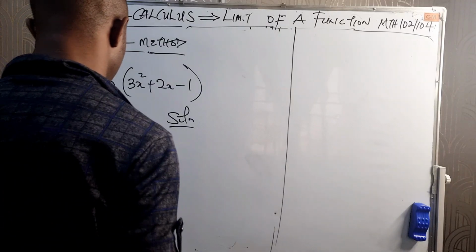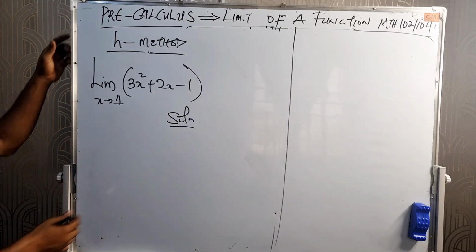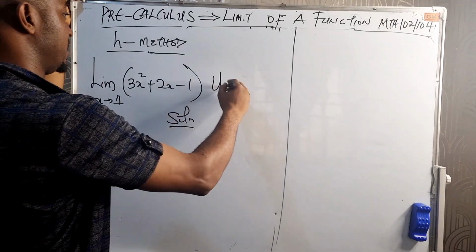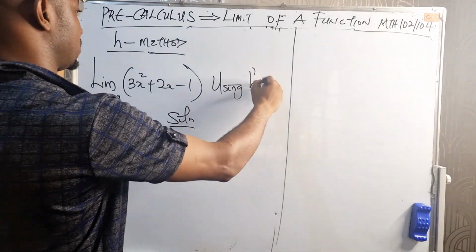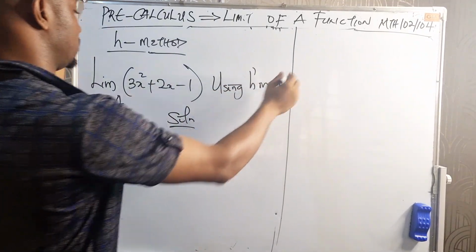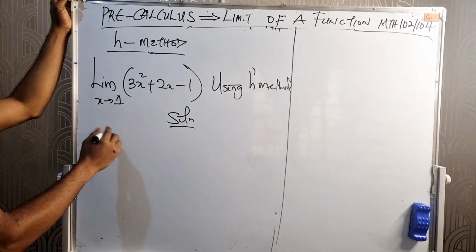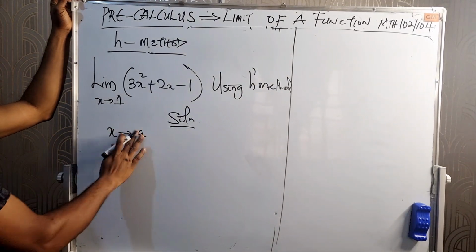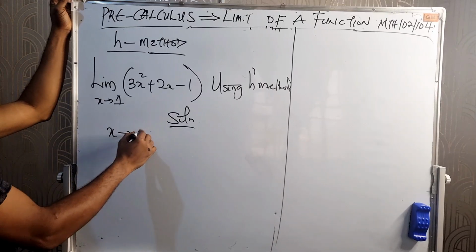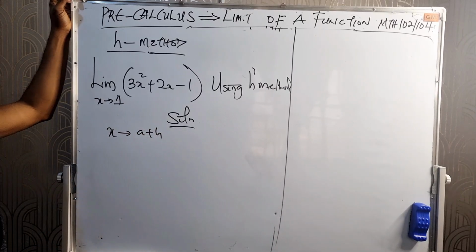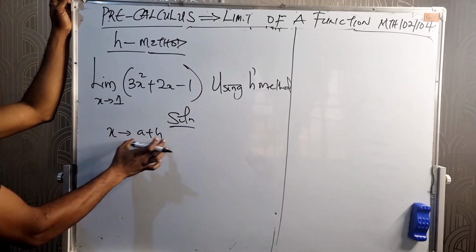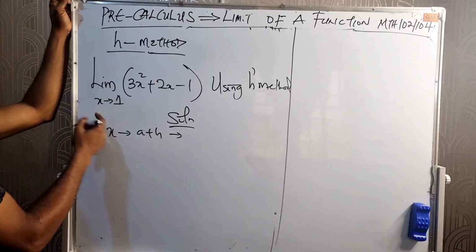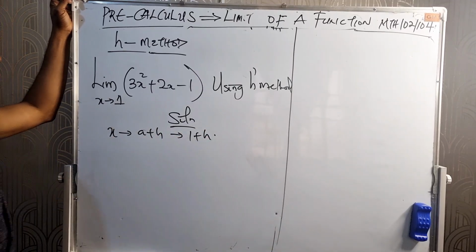Okay. If we are given this to solve, don't forget that using the h method, the first thing we need to do is to set our x. Since our x is approaching a, our x will approach a plus h, right? We're going to set this as a plus h, meaning our a is what here? 1 plus h, right?